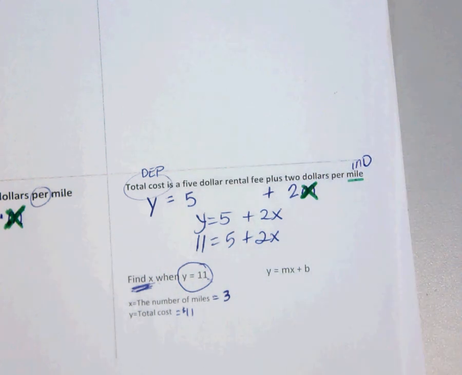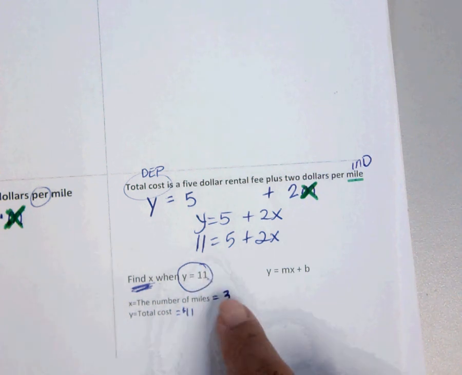Okay, so apparently we're renting something and I got to pay $2 every mile, and I got to figure out how much that's going to cost. So it cost $11 total, and I was talking about the number of miles.